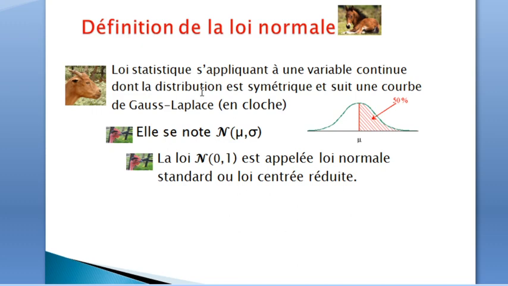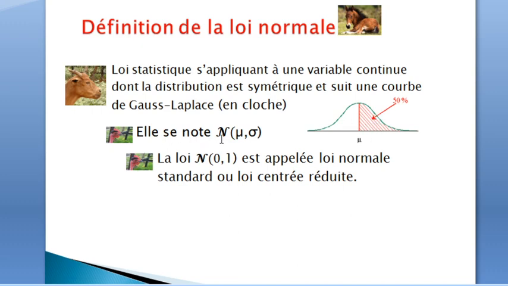The normal distribution is a statistical law applying to a continuous variable whose distribution is symmetrical and follows a Gauss-Laplace curve or bell-shaped curve. Symmetrical means that 50% of observations are found left and 50% right.